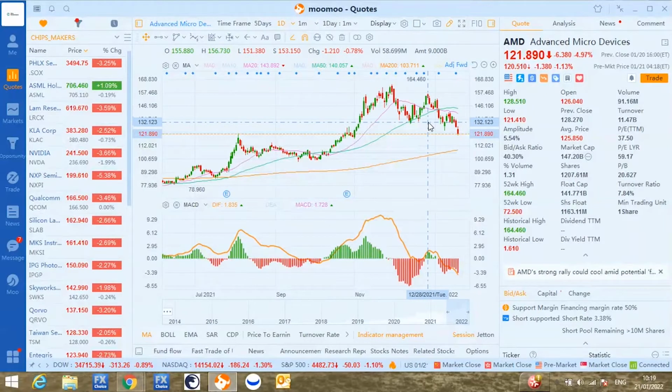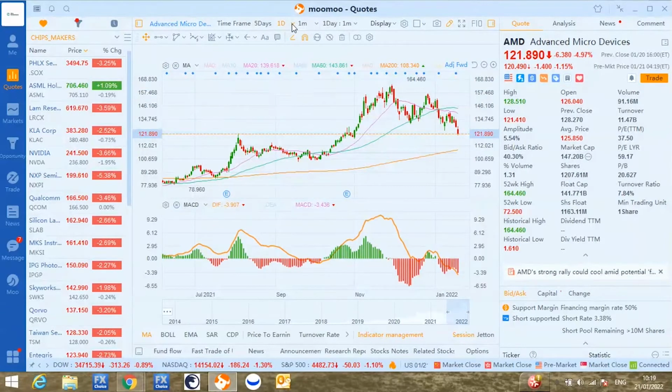For those doing the trading, this is a sell signal. But for a value investor, a long-term investor, you should know that at the moment it's on sell. So it's going down. This might just be a good time for you to buy if you want to add more to your position.